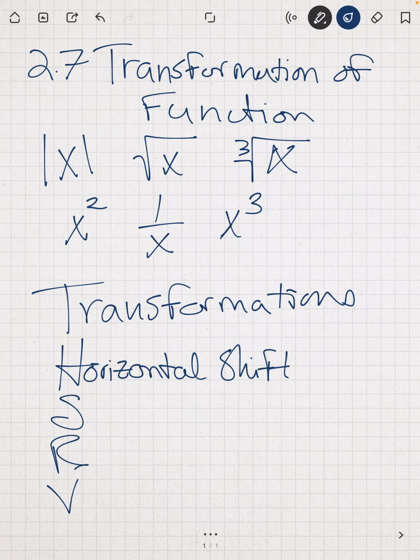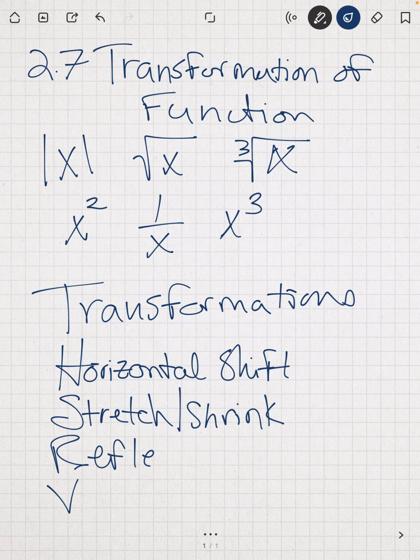We have our stretch or shrink. We have our reflections. And we have our vertical shifts.